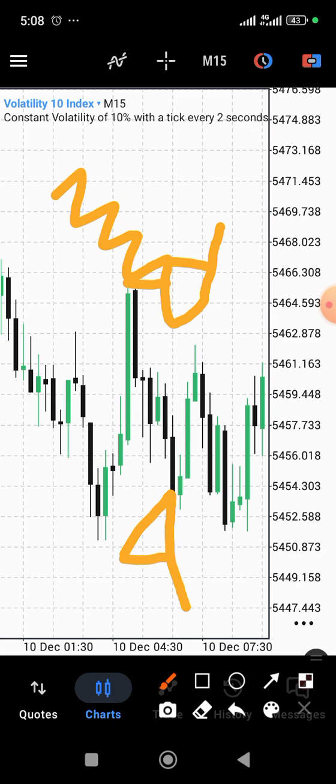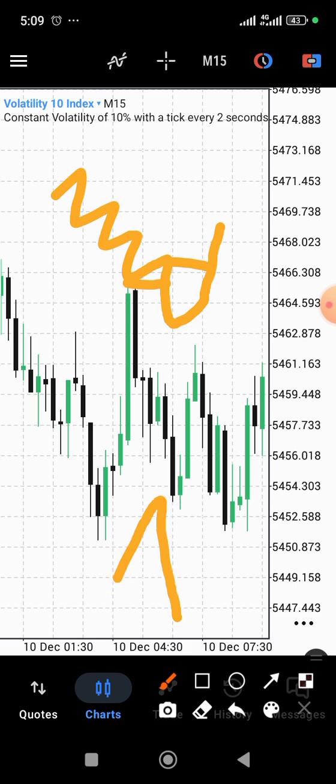A lower high is not a lower high if it did not go below a previous lower low. So a lower high is valid only when it goes below a previous lower low.